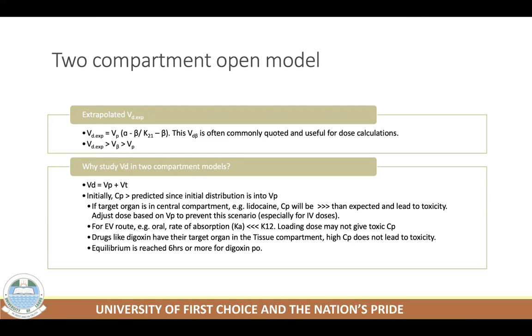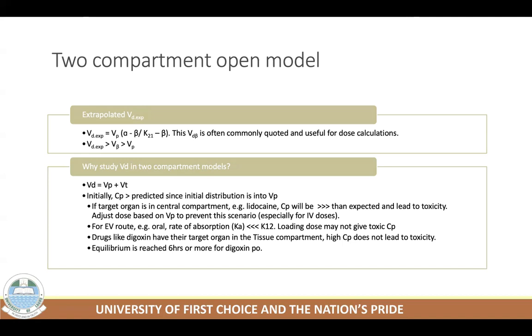But if, for example, the target for that drug is located in the tissue compartment, then except we have a larger volume or a larger concentration equilibrating into the tissue compartment, there will likely be no toxicity.